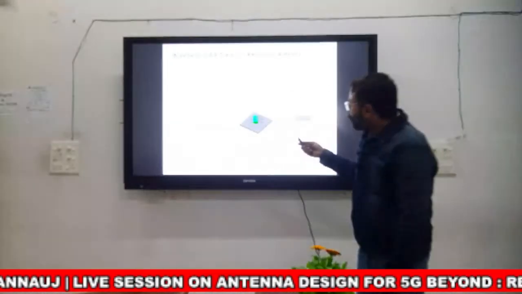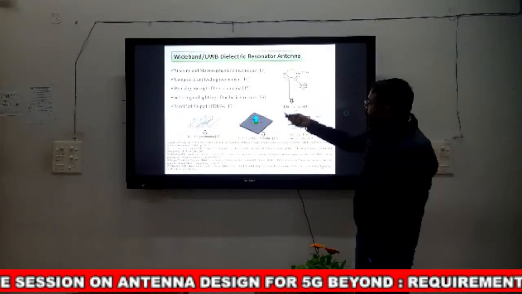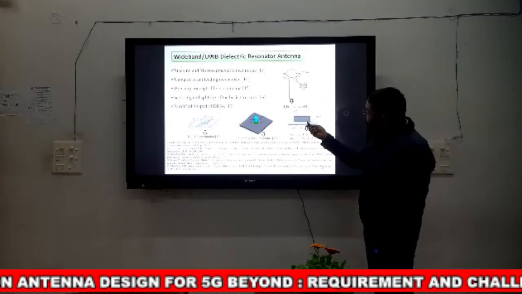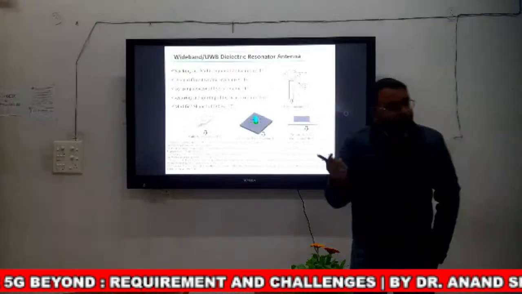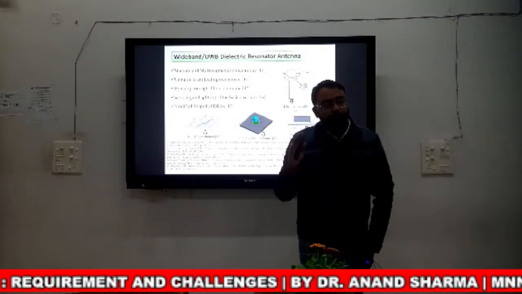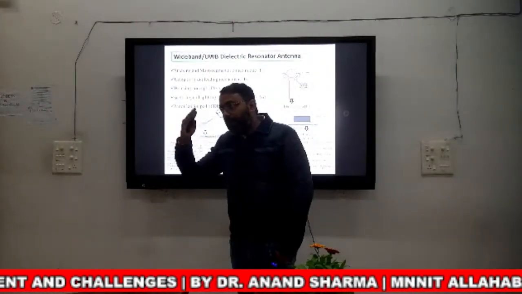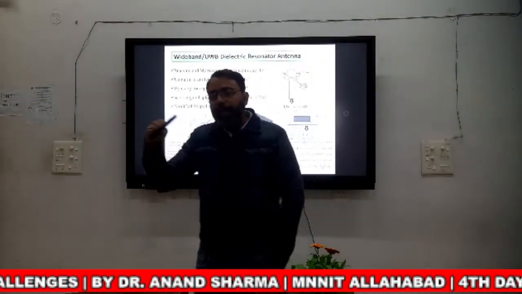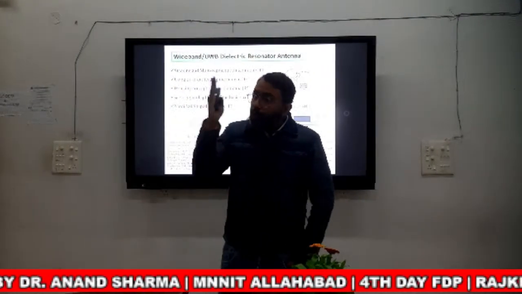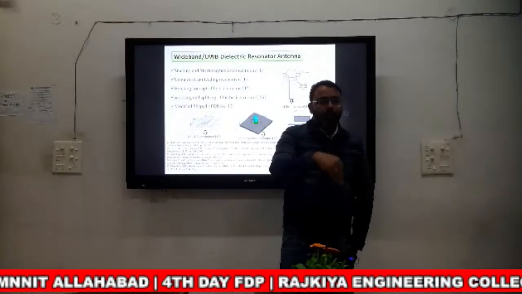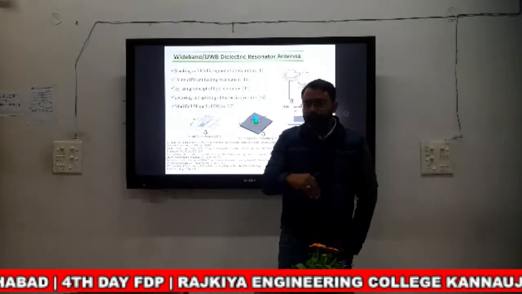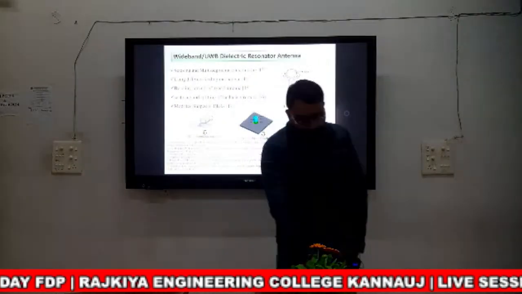Okay, so in literature there are so many techniques available, like creating an air gap. If you create an air gap in any ceramic structure, then what happens? If the air gap is created inside the ceramic material, then the overall effective permittivity of the structure goes down.